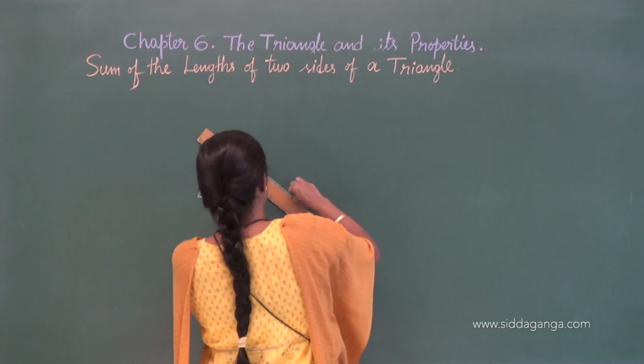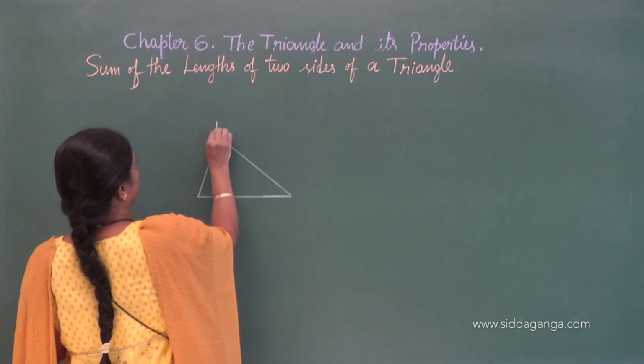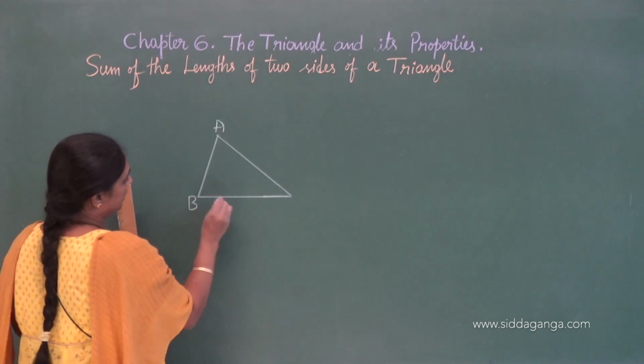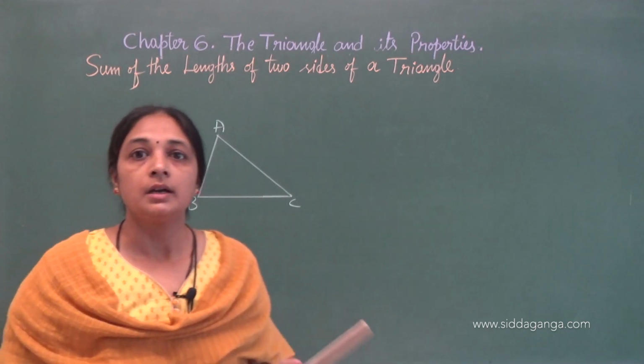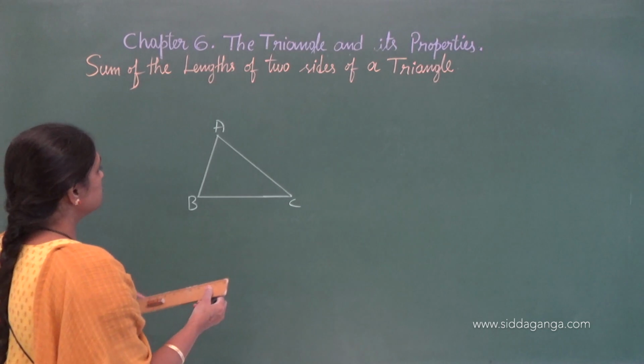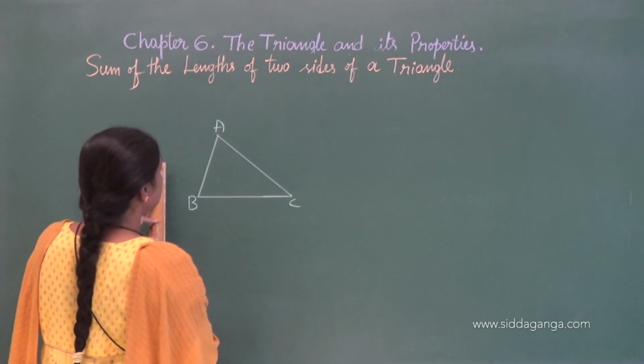Let's consider this triangle as triangle ABC. So let's find the lengths of these AB, BC and AC.